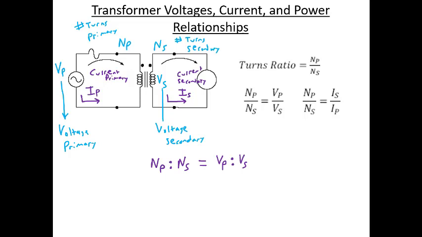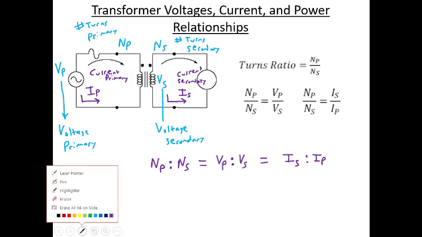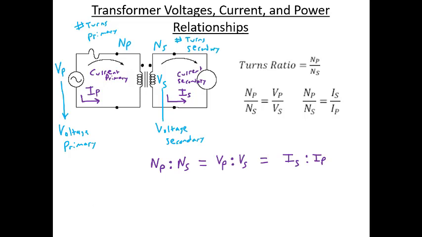And it's also going to be equal to the inversion of the current ratio, so that's the current in the secondary to the current in the primary. So let's put some numbers on here to try to understand what's going on. Let's say that for this problem, the number of turns in the primary is 100, and the number of turns in the secondary is 50.